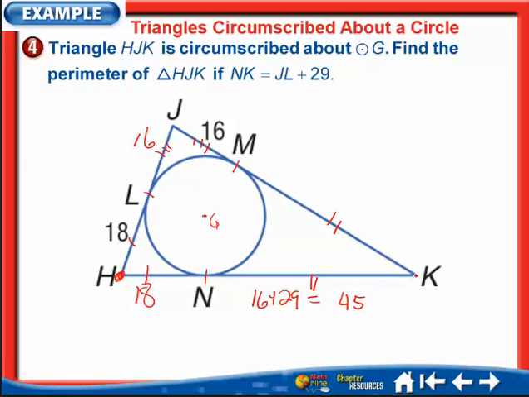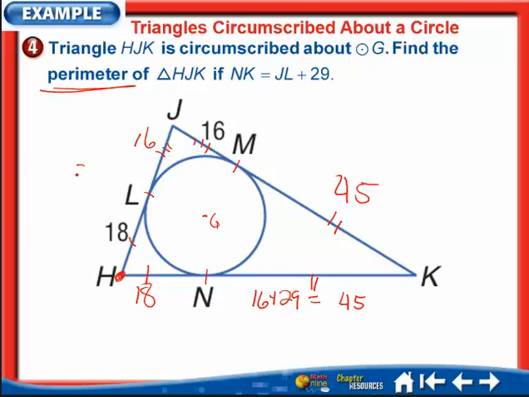So if NK is 45, MK is 45. Now I can find the perimeter. What does perimeter mean? Know these words. It's the distance all the way around. So I would just simply add all of these up to get my total perimeter.